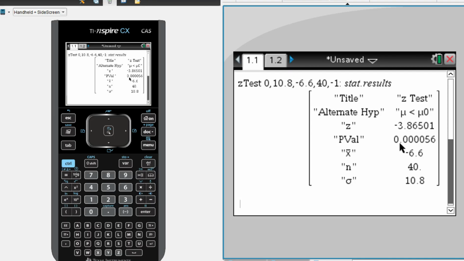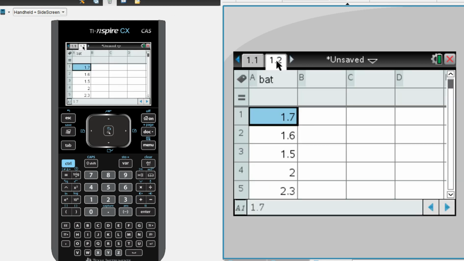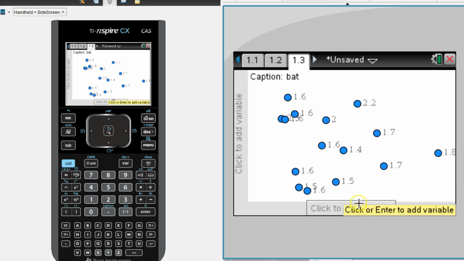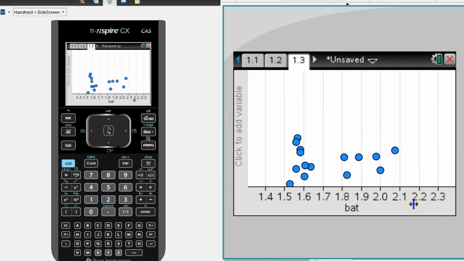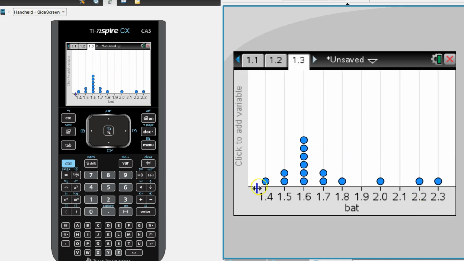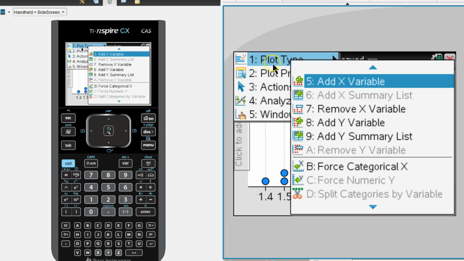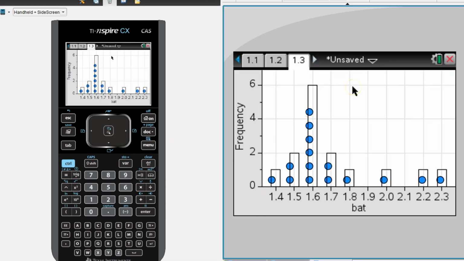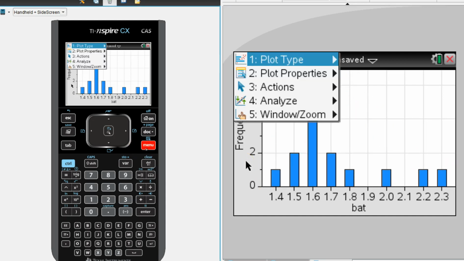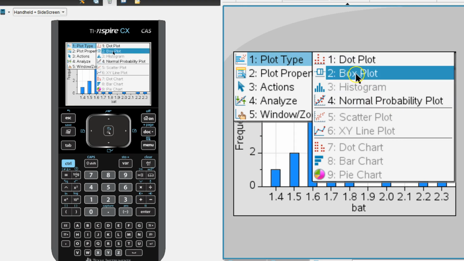Well, if you type this in, I have it right here, typed them in and I named it bat, you can actually check normality, right? You can go and add a graph and check the bats. This isn't looking promising. I can look at a histogram, though that's my least favorite, but still looks slightly skewed to the right.